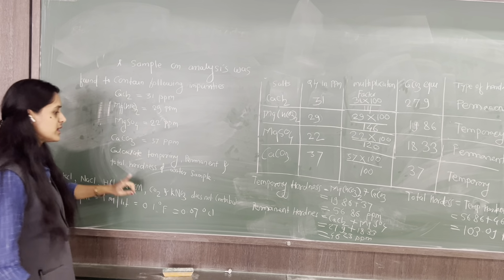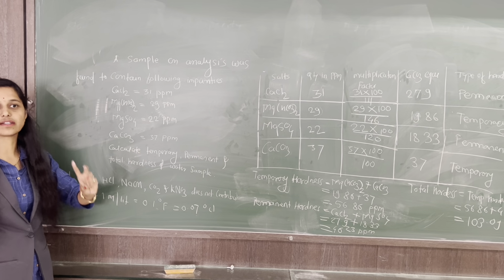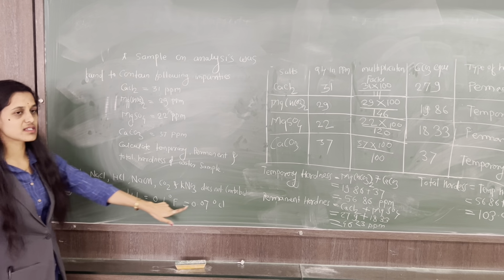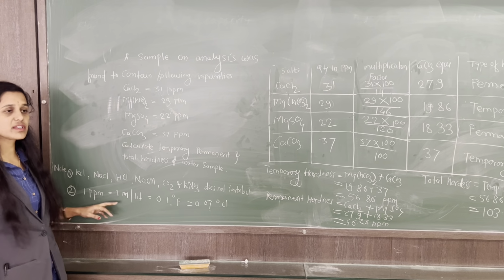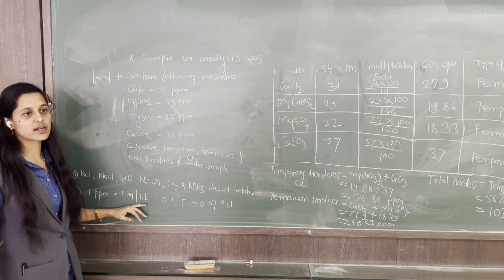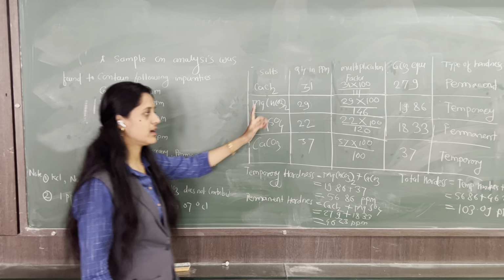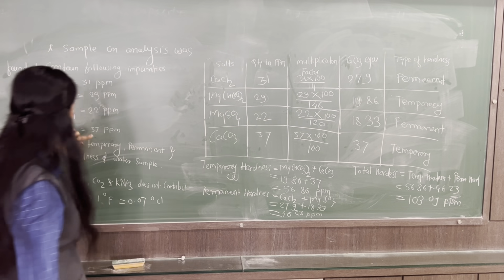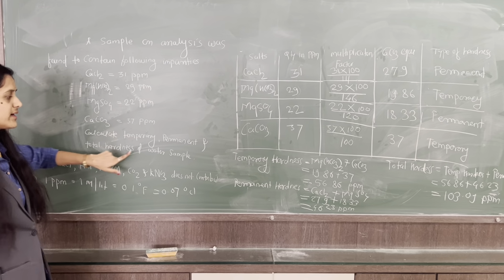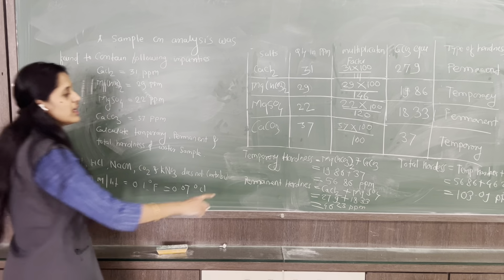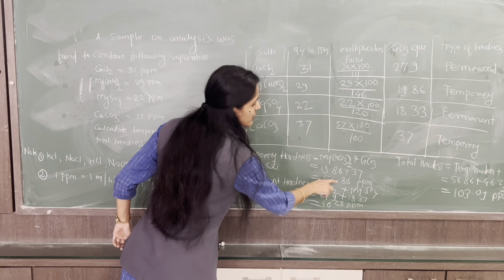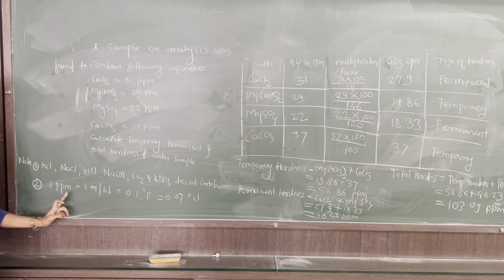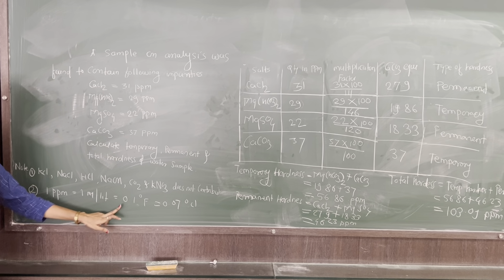So if they ask to calculate in mg per liter, degree Clark and degree French, then you have to use this: 1 ppm is equal to 1 mg per liter. You have to solve the numerical the same way. If they ask to calculate temporary, permanent and total hardness in mg per liter, instead of ppm you have to write 56.86 mg per liter, because 1 ppm is equal to 1 mg per liter.